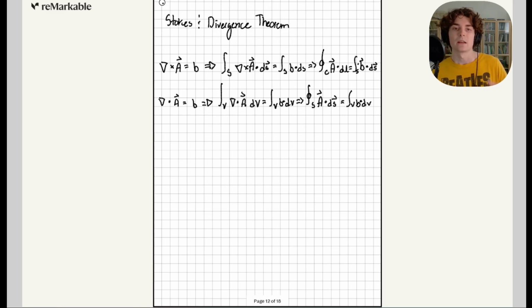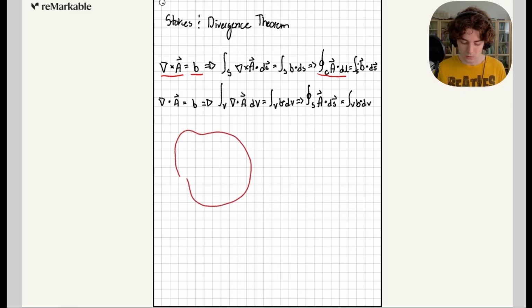And then we have Stokes and divergence theorem. These two tell us information about if we know what the curl of A is. If we know the curl of A here equals some quantity B, well then we can get that the closed line integral of A. So closed line integral means any closed line that encloses a surface.